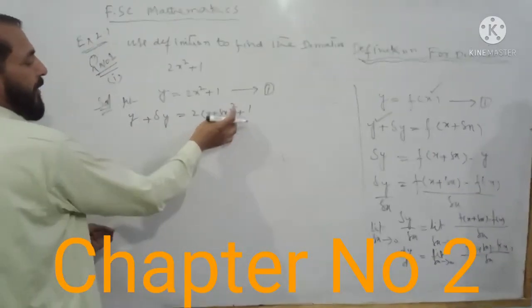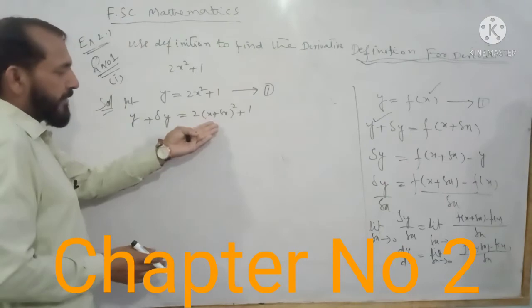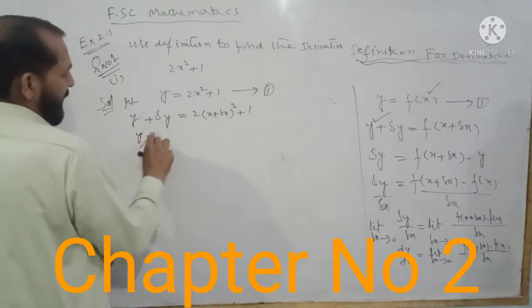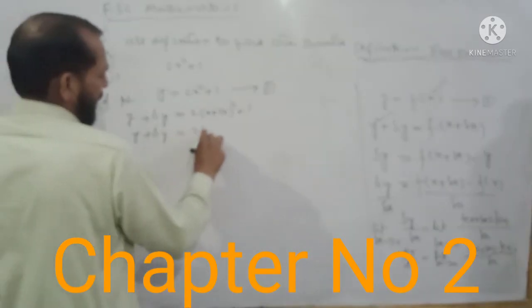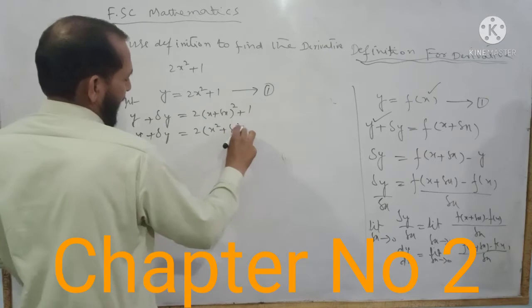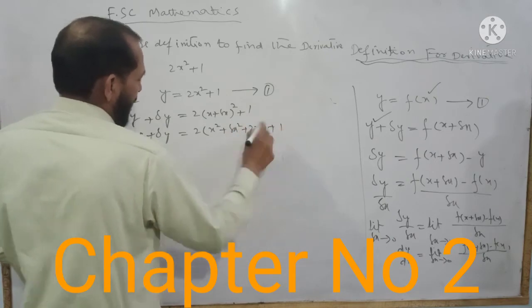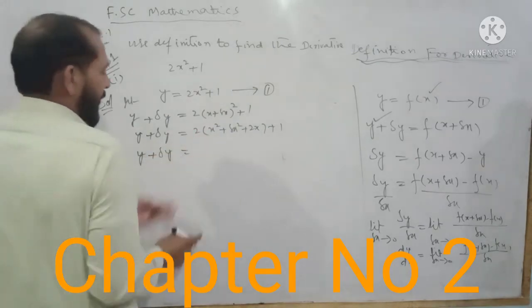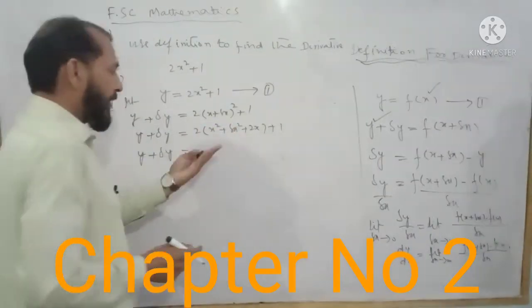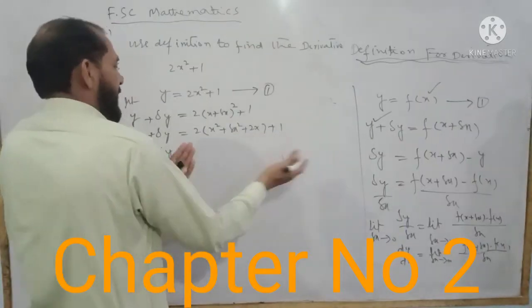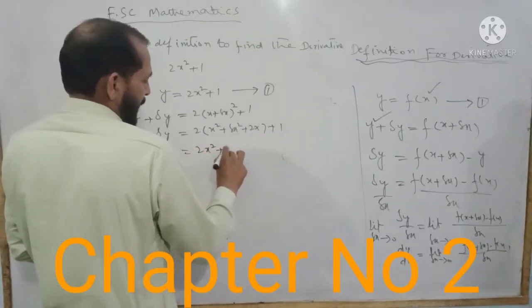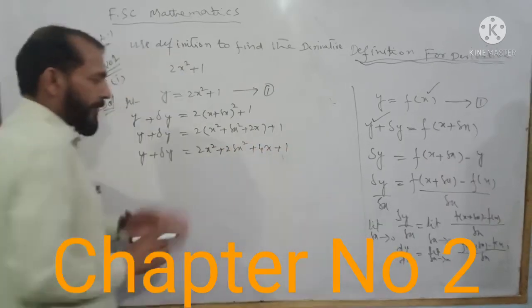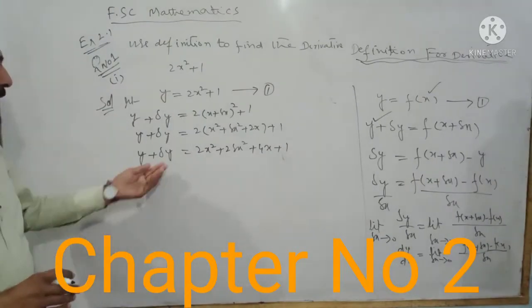Now we have the second step. Here in this value in square, we can expand the square. First of all, we expand the square in this function. So x square plus del x square plus 2x del x plus 1. Okay, we have to expand the bracket. Now we do the multiplication with these values, 4x plus 1. After simplification, we have y.